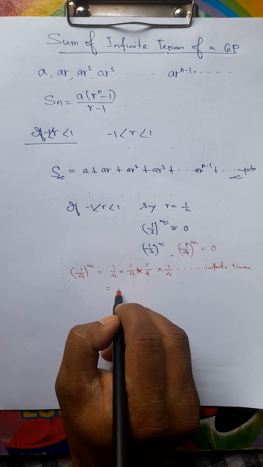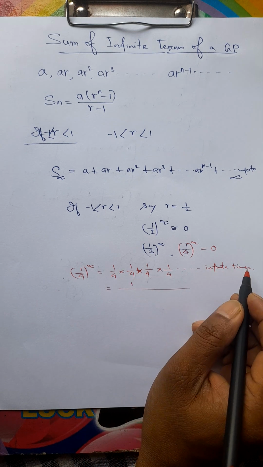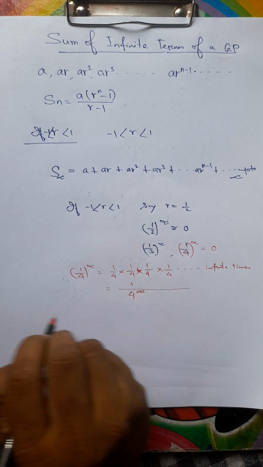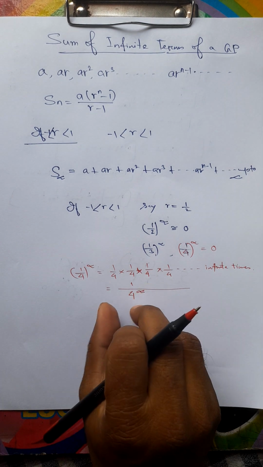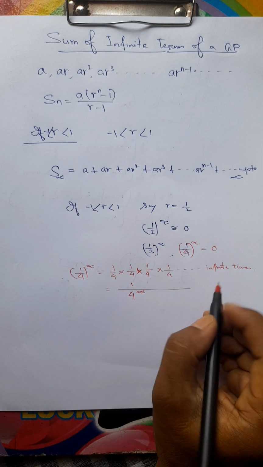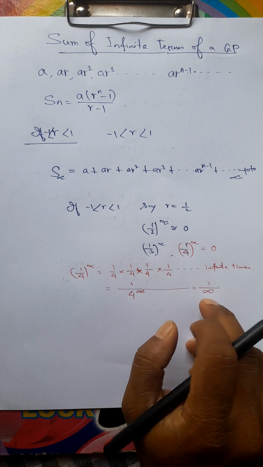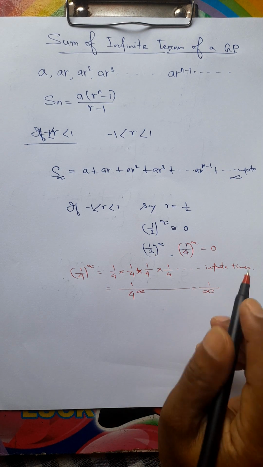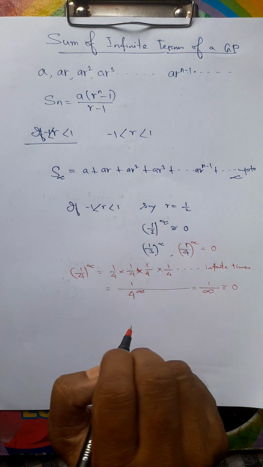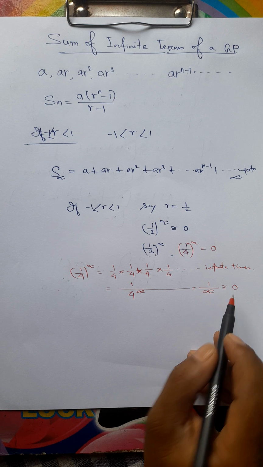Then the numerator will be 1 only, 1 multiplied infinite times. So the denominator will be 4 to the power infinity. Now 4 to the power infinity, you multiply 4 infinite numbers of times, so it would be equal to infinity, a very large number, so we call it infinity. So now 1 by infinity is approximately equal to 0, right? When you divide 1 by infinity, it is approximately equal to 0.